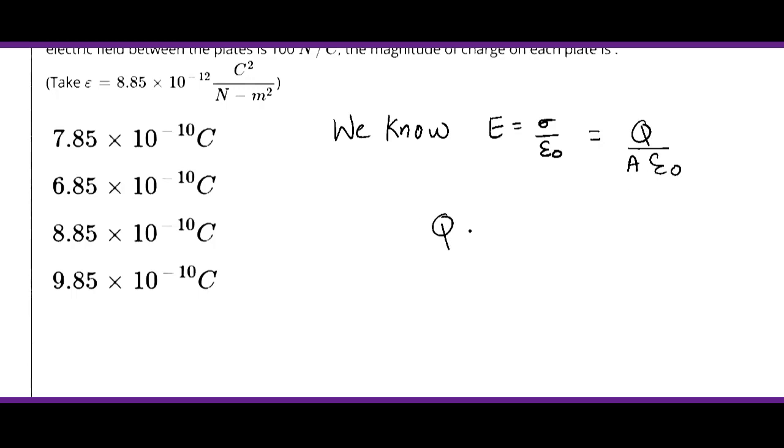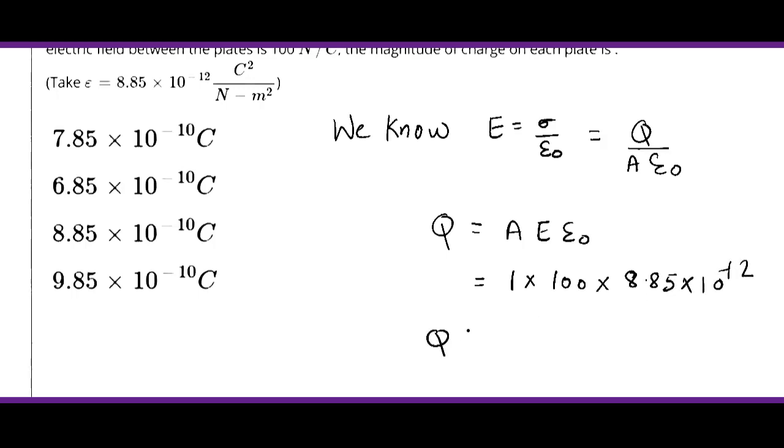Now on multiplication, we get Q equals to A E epsilon naught. Now we have given area A is 1 meter square, value of electric field is 100 Newton per Coulomb, and epsilon naught is 8.85 into 10 raised to power minus 12.